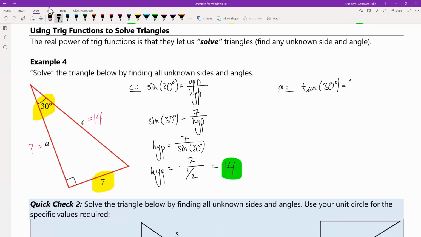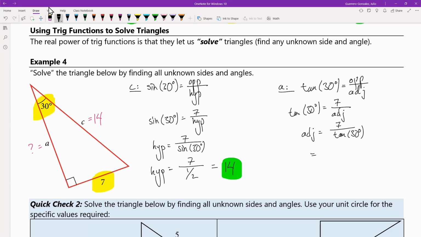is opposite over adjacent. So tangent of 30 degrees is equal to my opposite, 7, divided by my adjacent. My adjacent side should be equal to 7 divided by tangent of 30 degrees.